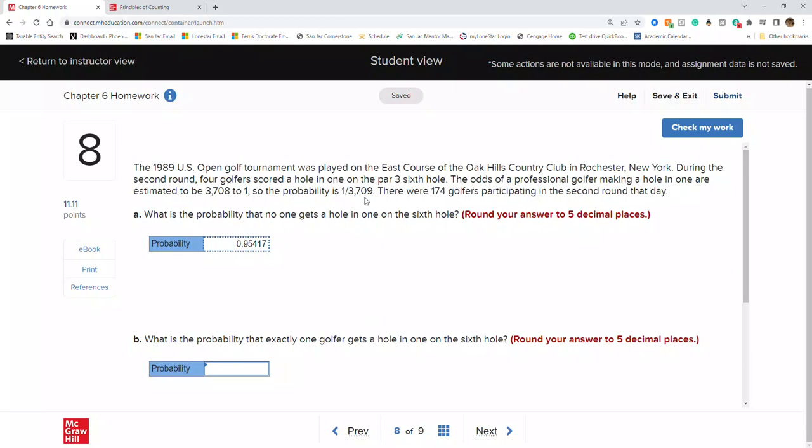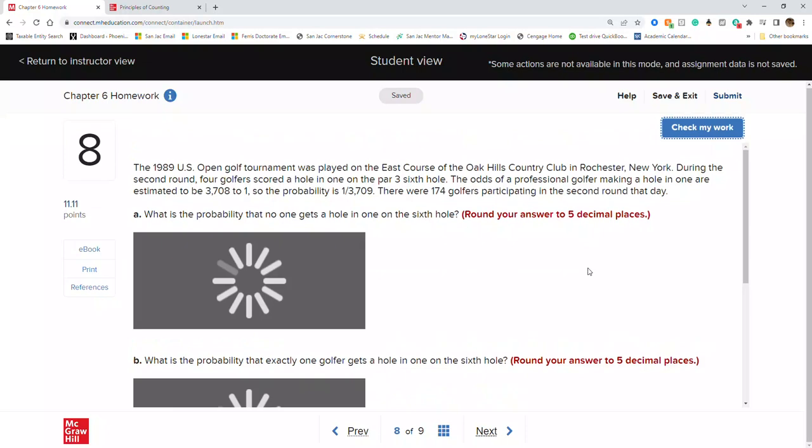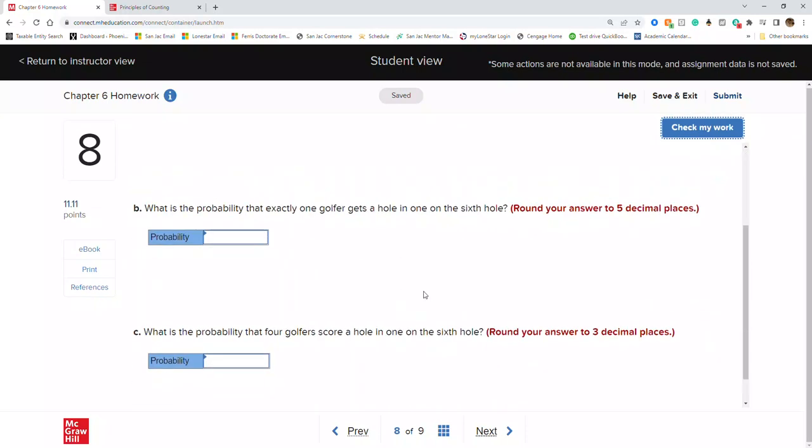But this does seem more likely in this scenario, if you know anything about golf, that it's extremely tough to get a hole-in-one. So most likely there's a higher chance that no one's going to get it. And check to make sure I enter it correctly. I did.